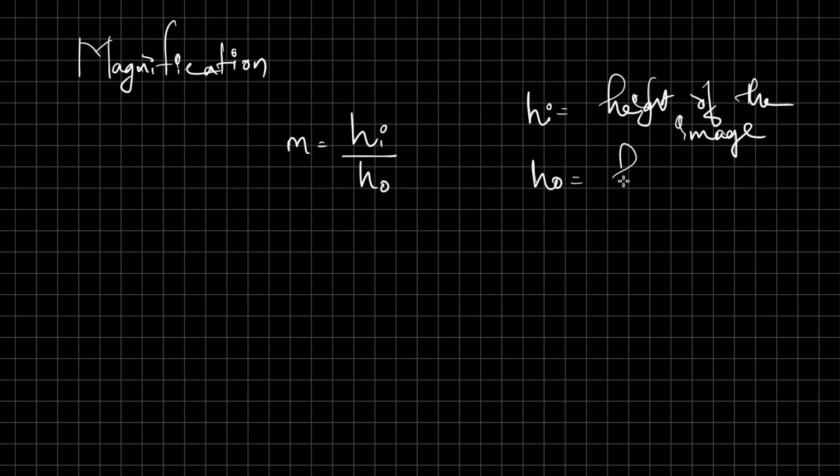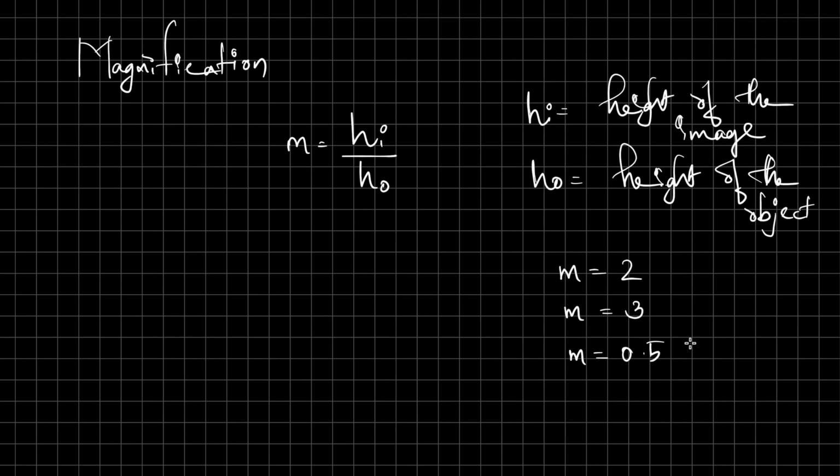Ho is height of the object. Let's say we're getting m equals 2. This means image is double the size of the object. If m equals 3, image is triple the size of the object. If m equals 0.5, image is just half of the object.